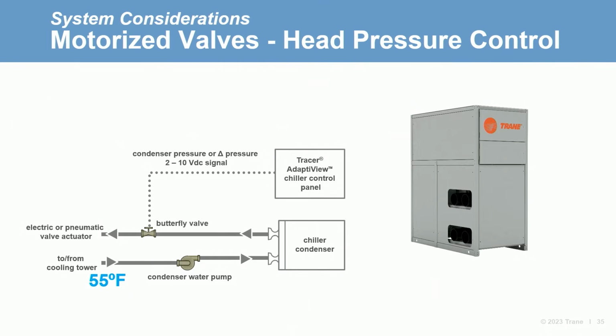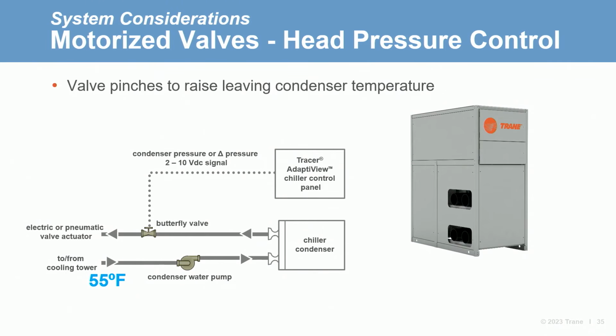When a modular chiller is configured with the motorized isolation valves on the condenser side, they are capable of modulating to maintain the required leaving condenser fluid temperature to maintain refrigerant head pressure control. Once the entering fluid drops below a given temperature, for example 55, the valve will begin to pinch down, reducing the flow rate through the condenser and in turn raising the temperature of the leaving fluid to an appropriate level.